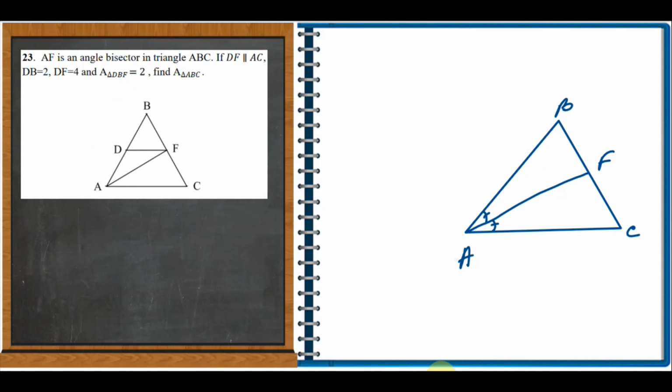And DF, so here is D. DF is parallel to AC. After that, it's given that DB is equal to 2, DF is 4, and the area of triangle DBF is equal to 2. Find the area of triangle ABC.